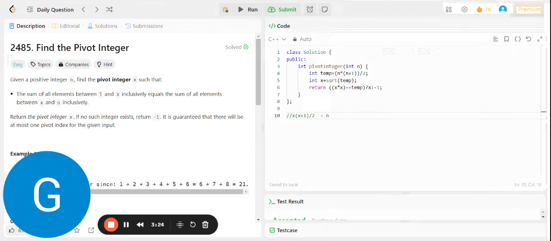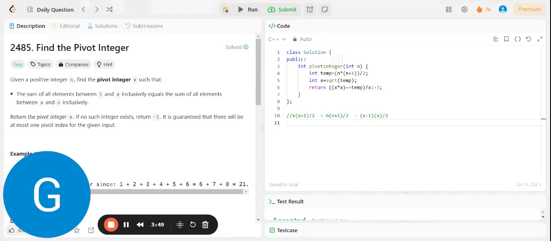So it will become n into n plus 1 by 2 minus the sum of elements from 1 to x minus 1. That means x minus 1 into x by 2. If we solve this equation, what we will get?